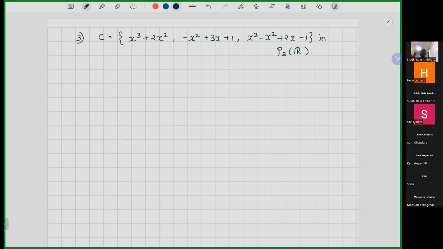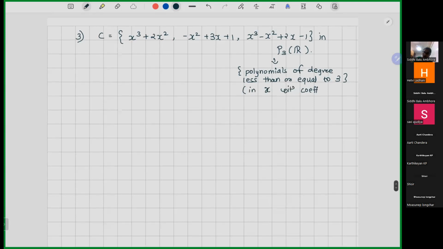P3R means polynomials of degree less than or equal to 3. Okay, and these are polynomials in x with coefficients from R. I hope you know the definition of P3R.